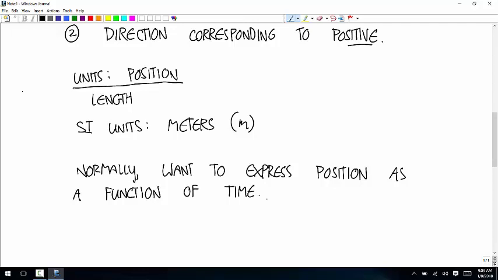And to do that, we need to make one more choice. We need to define one more thing.